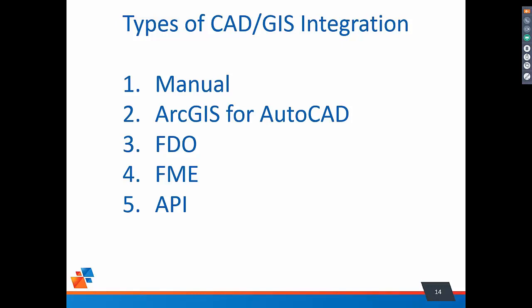And then we want to talk about how we can use the FDO connections as well still, and what the advantages and disadvantages are to using FDO versus ArcGIS for AutoCAD, or when something like middleware like FME, Safe Software's Feature Manipulation Engine for doing GIS data translation, comes into play, and why we might use that over other things, and as well, direct programming. And we'll touch on direct programming as another way of using these open APIs to directly manipulate data, and there is a time and place for that as well.